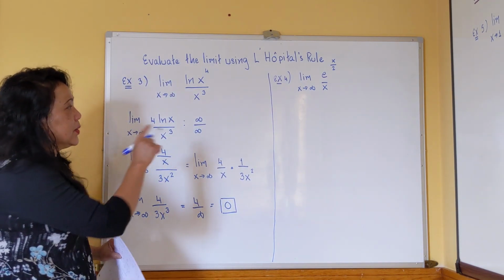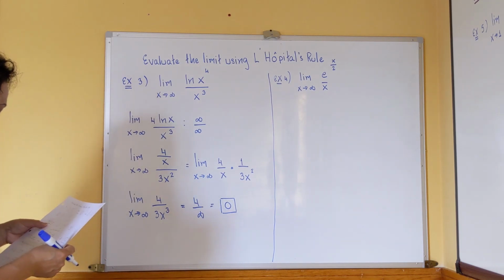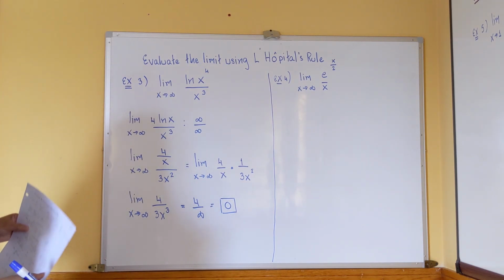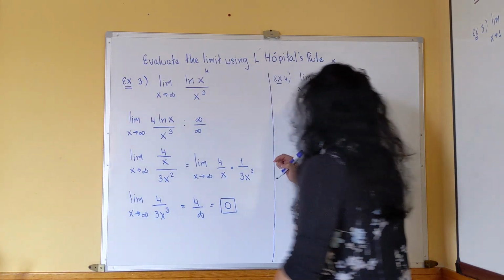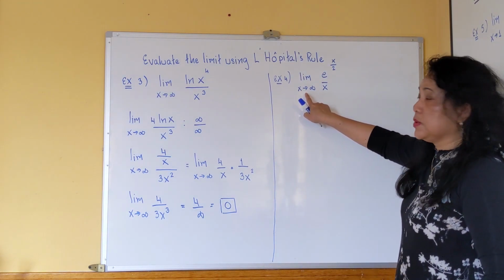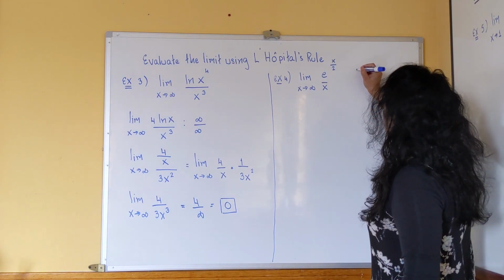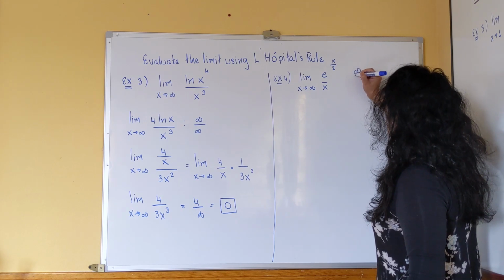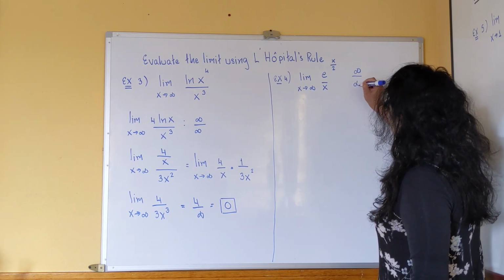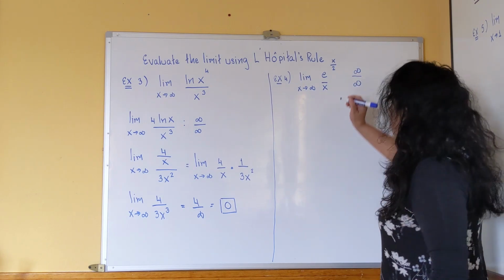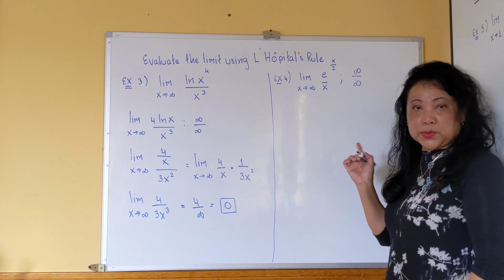Alright, so let's look at example number 4. As x goes to infinity, you're going to have e to the infinity, which is infinity over infinity. So we can apply the L'Hospital rule.